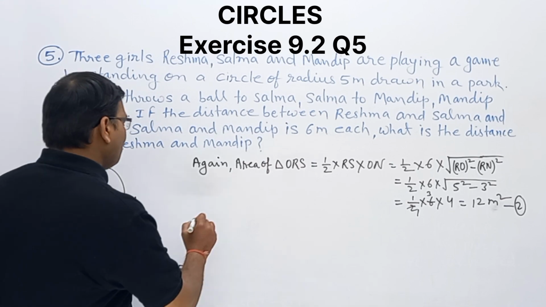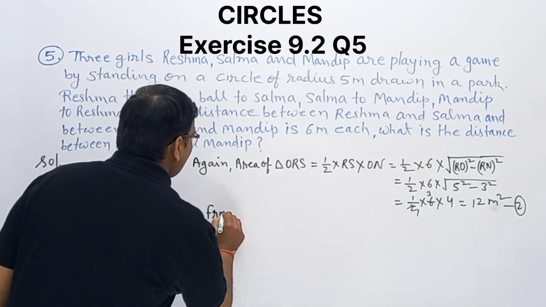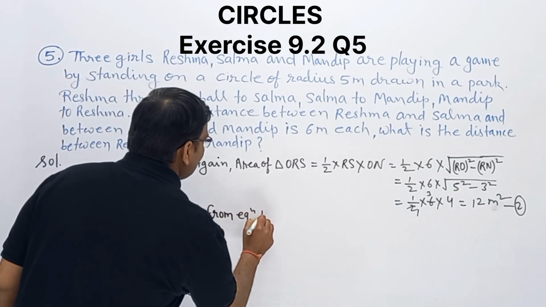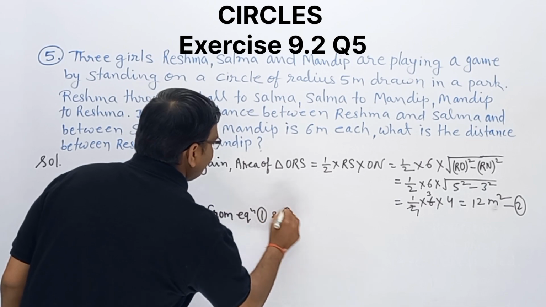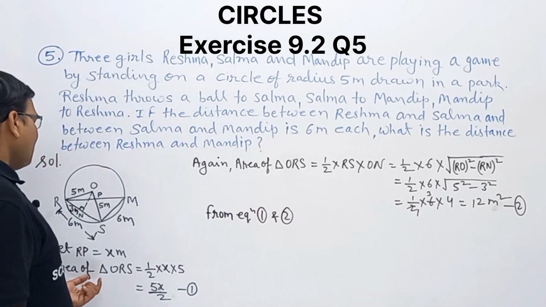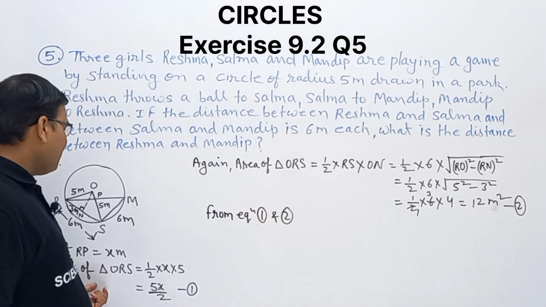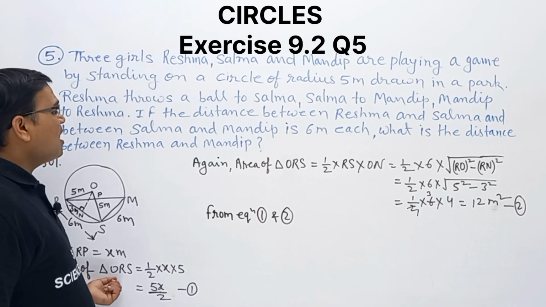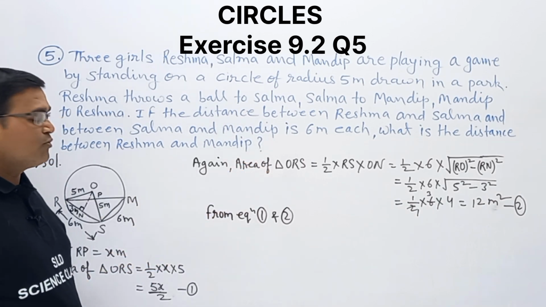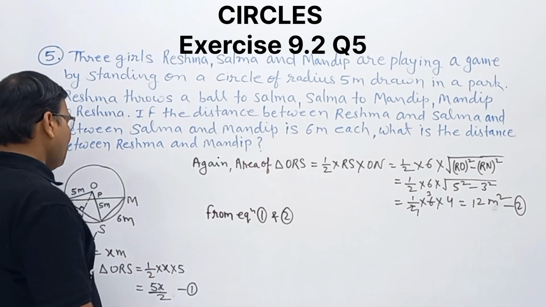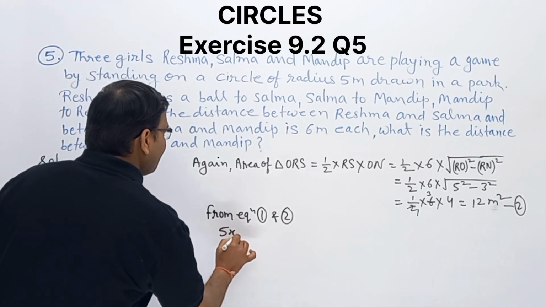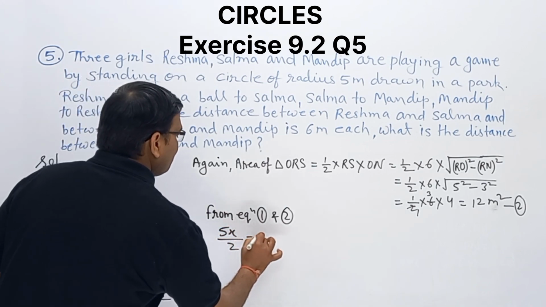So from equations 1 and 2, what can we say? In both equations the left hand side is equal, the area of triangle ORS. So the right hand side will be equal: 5x by 2 equals 12.